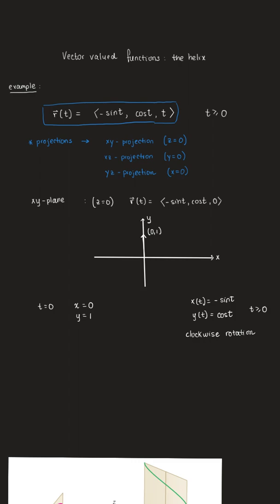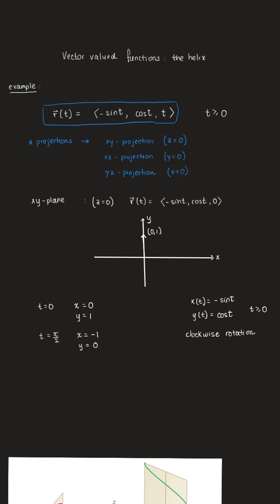If we increase t, maybe we'll let t be pi over 2, then x will be negative sine of pi over 2. Sine of pi over 2 is 1, so this is negative 1. And y will be cosine of pi over 2, so that's 0.